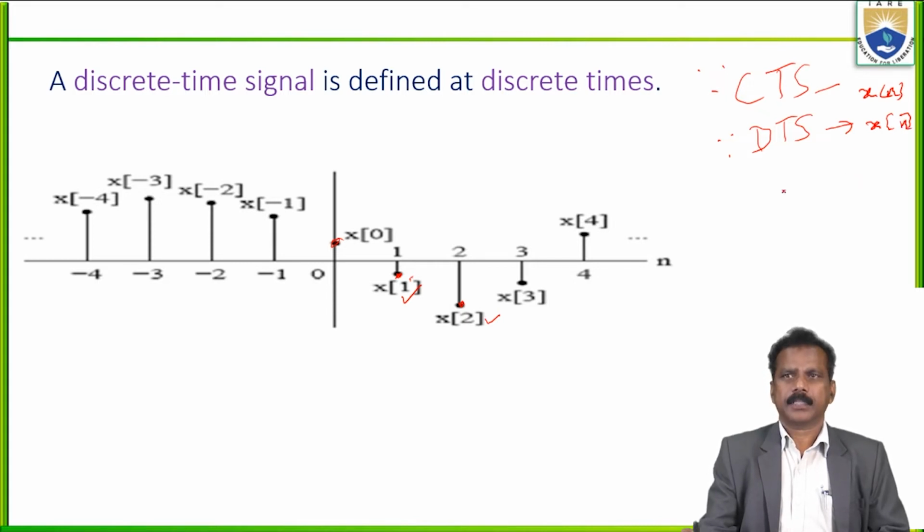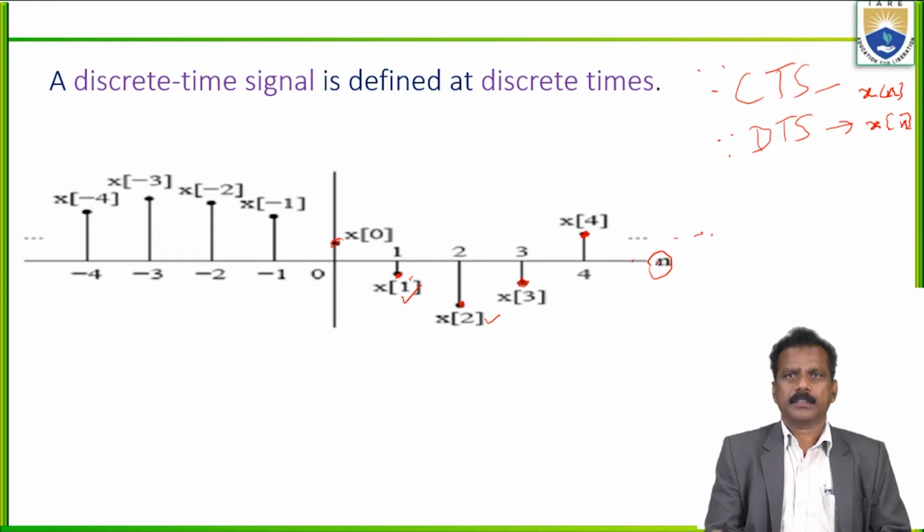Okay, so like this, where n versus x of n. Here x of 3, x of 4, x of 5, and so on.